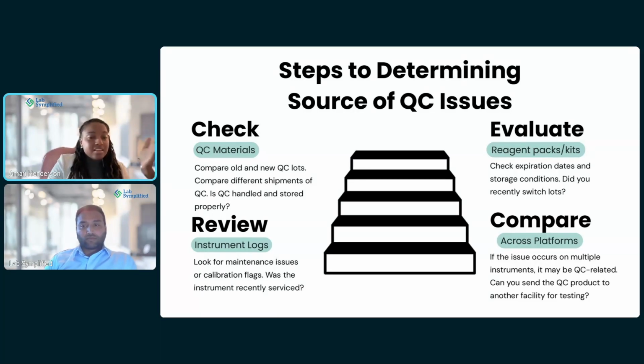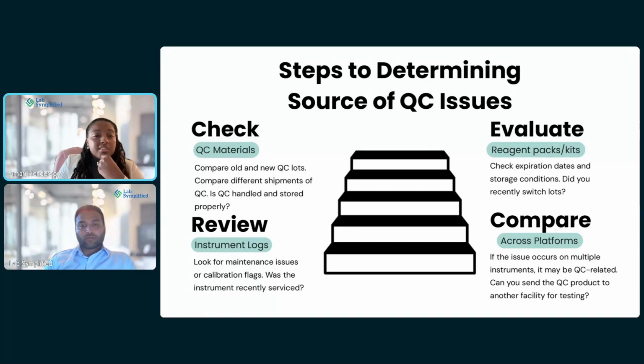Next, if you're still having issues, let's compare your old and new QC lots. We want to see, were you running fine previously with a different lot number of QC, and now maybe you're seeing a bias or shift with an alternate lot number? That way we can try to pinpoint, is it our QC or is it our test system? And we'll talk about further tools to use here to figure out which order to go.